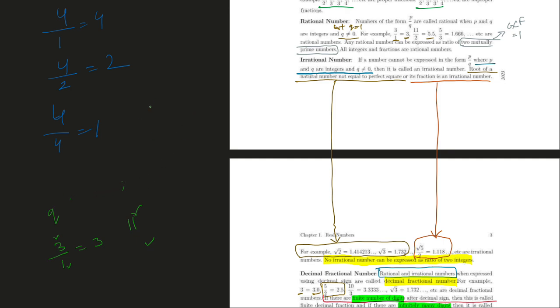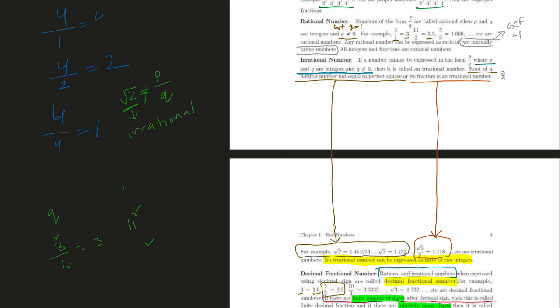Say if I write a number root 2, then I can't express root 2 in this form. When this type of case occurs, we call this an irrational number.